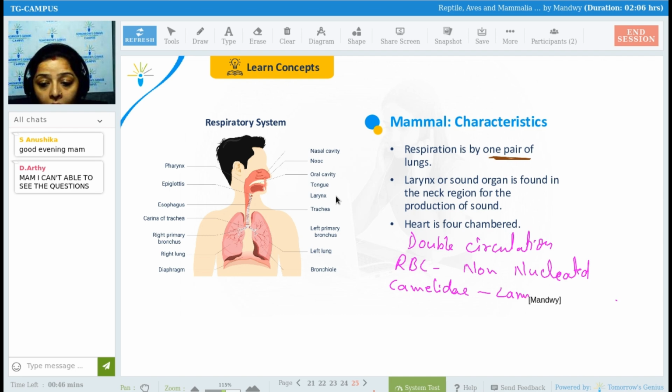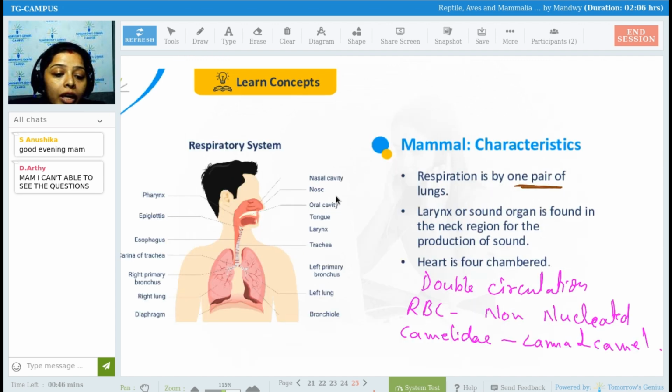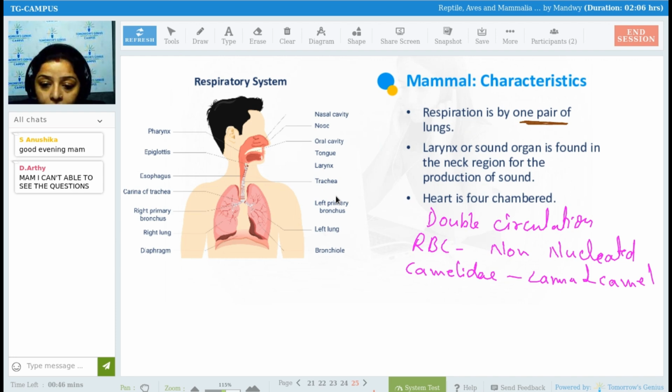Examples are llama and camel. Okay, only the llama and camel have nucleated RBC. Rest all other mammals, they don't have nucleated RBC. Clear?